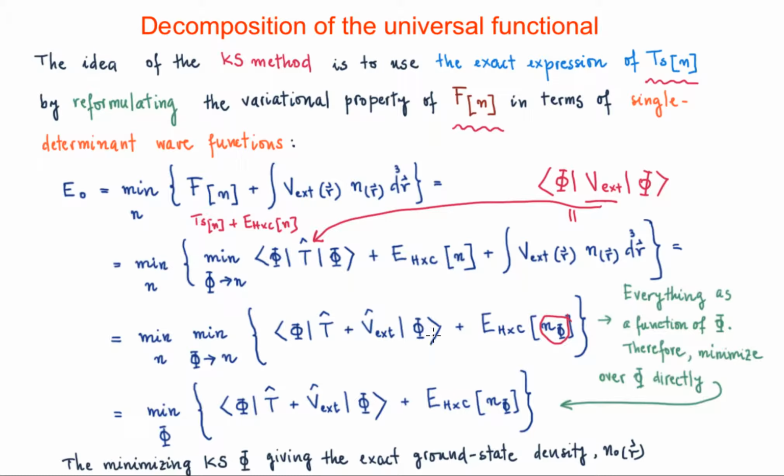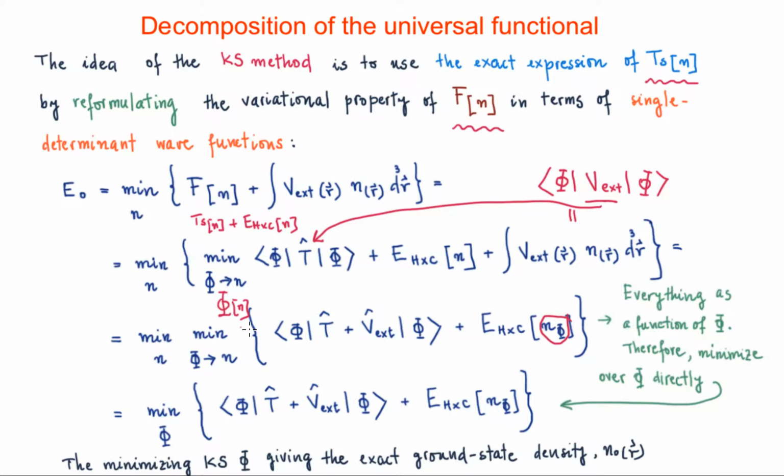So instead of using this two-step procedure in order to get this minimization, which basically is the following: first, for a fixed density, we minimize with respect to the Slater determinants that give that electronic density, and then we get these Kohn-Sham wave functions, and then you minimize with respect to the electronic density.